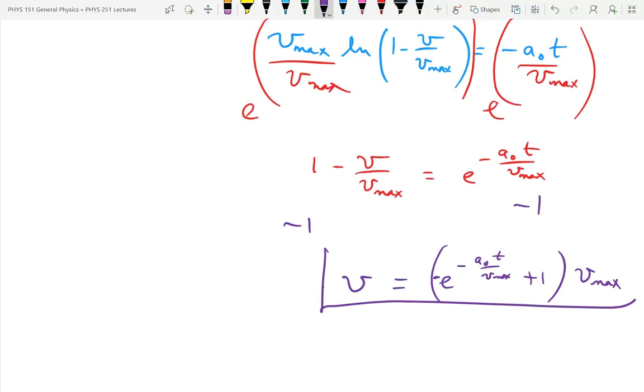So there we found the speed as a function of time. Whew. Wasn't straightforward, was it? But it's something we can do with calculus.